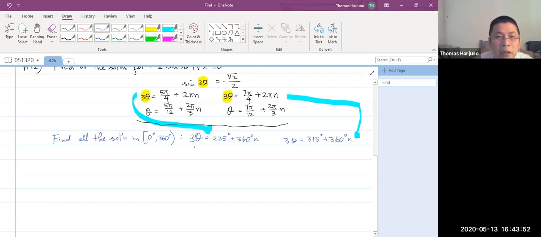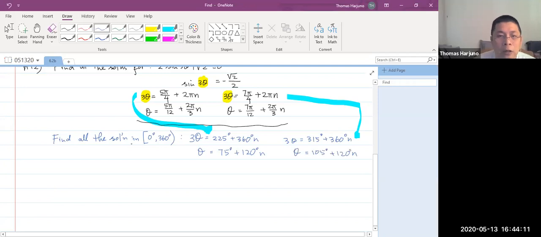I basically reinstate that in degrees and then I divide by 3. When I divide by 3, I get theta equals 75 degrees plus 120 degrees n, and theta equals 105 degrees plus 120 degrees n. And now we will work with the n to put these angles into 0 to 360 degrees.